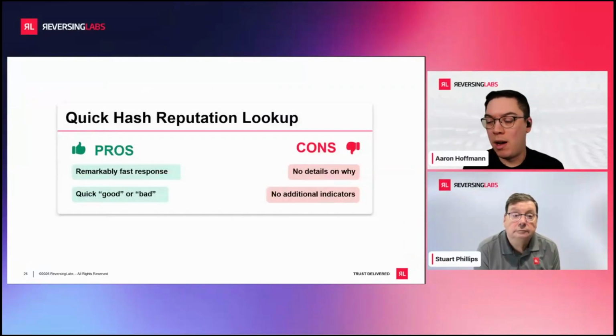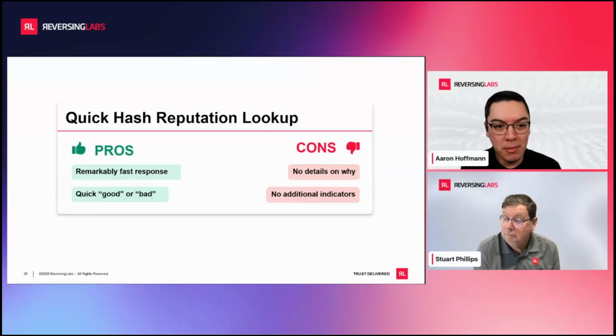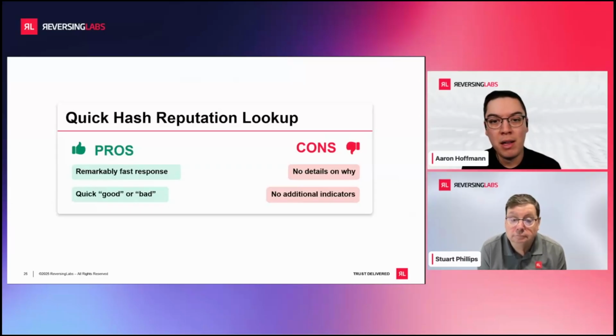So some quick pros and cons just for doing the quick hash reputation lookup. As you can probably guess, the pro is that it is quite fast. You can't beat just barely a second for doing over 93 files. You do get a quick good or bad, so you can base that decision off, like we saw earlier, where we had a nice bright red for malware.